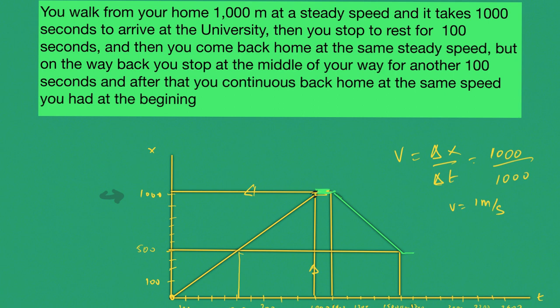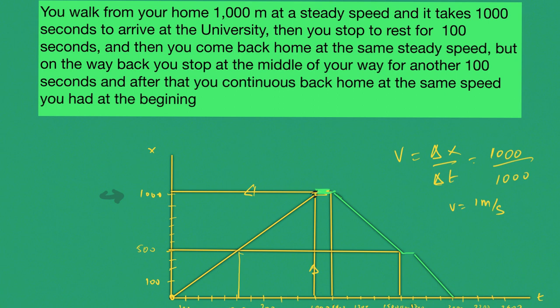Now after resting, you come back home at the same speed. At the same speed means at the same slope, minus 1 meter per second. So the slope has to be parallel to the previous one, because you are moving at the same speed.